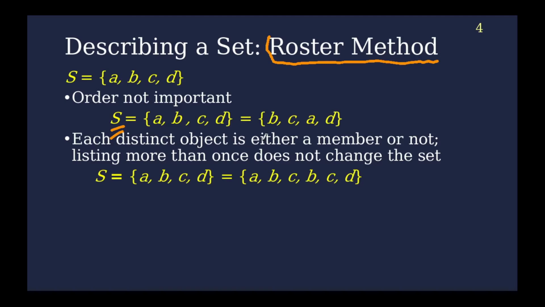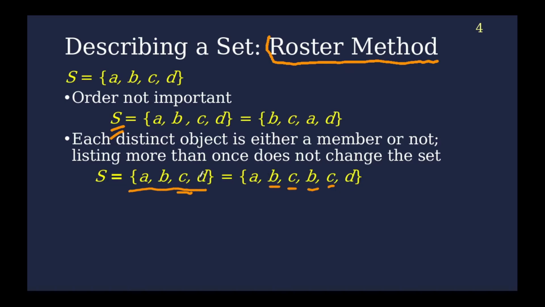Each distinct object is either a member or not. Listing more than once does not change the set. Another example: say S equals {a, b, c, d}, and you can see that element b is repeated twice, and c is repeated twice. But repeating letters, or multiple occurrences of an element, does not change the set. That means the set {a, b, c, d} is the same as {a, b, c, b, c, d}.